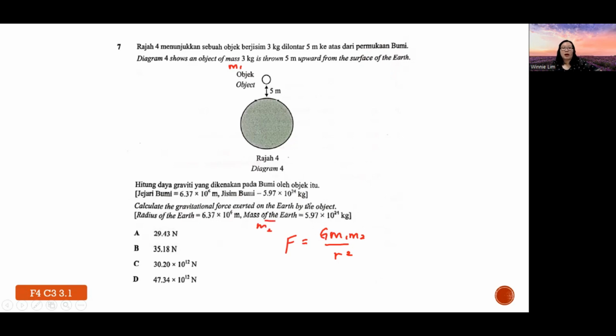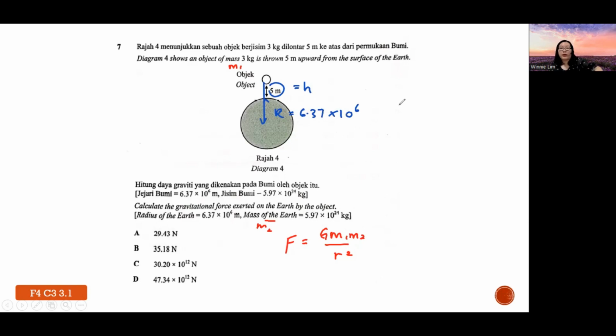Now what is this r? r is the distance from the center of the Earth to the object. They give you this 5 meters, which refers to the height, and the radius of the Earth is 6.37 times 10 power of 6.